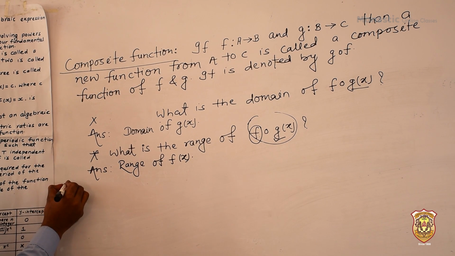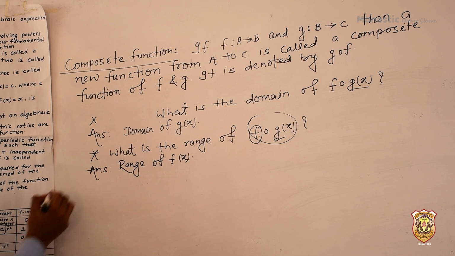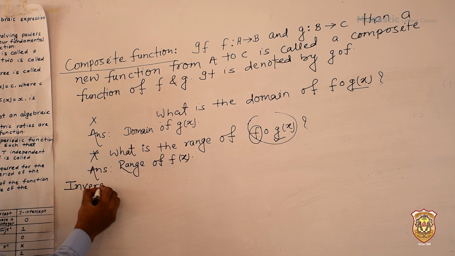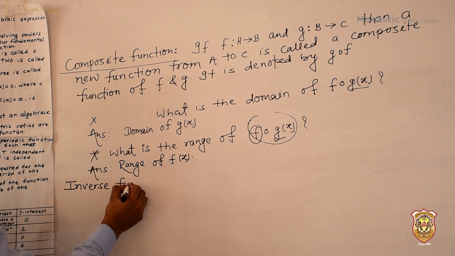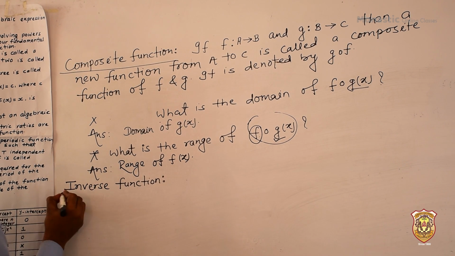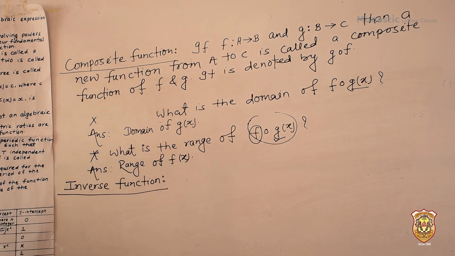Now we have composite function. After that, inverse function. For inverse function, function must be 1 to 1 onto.